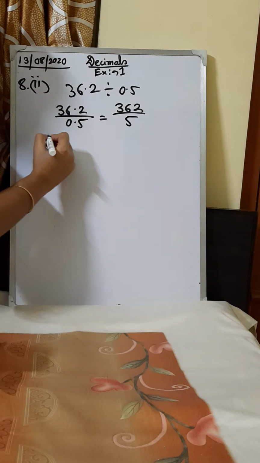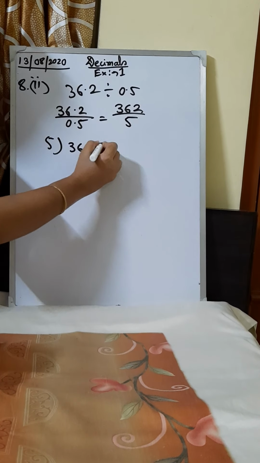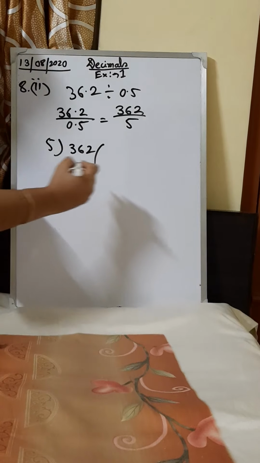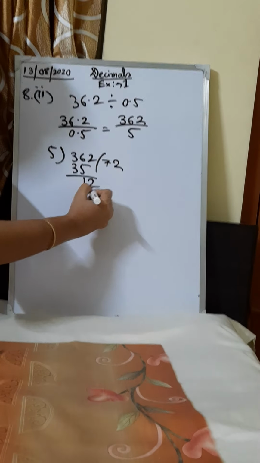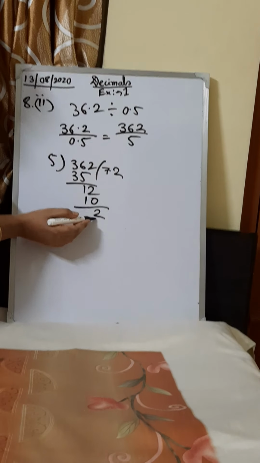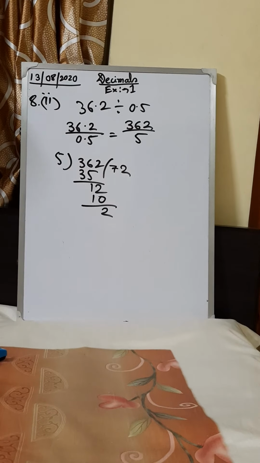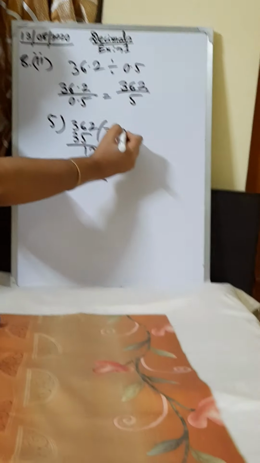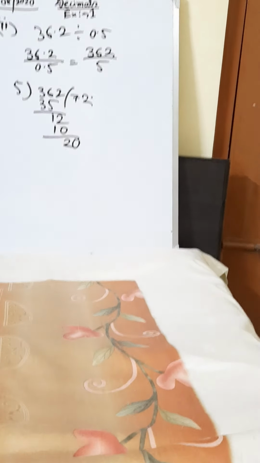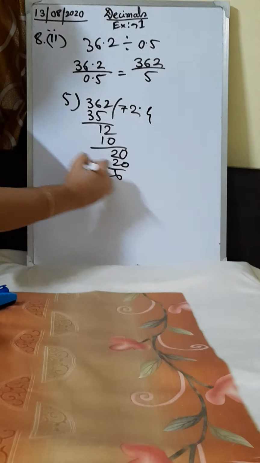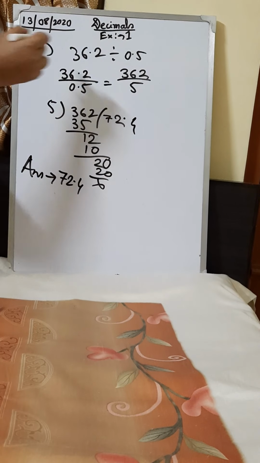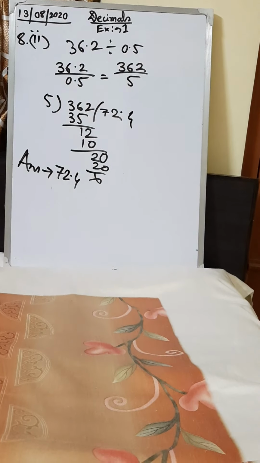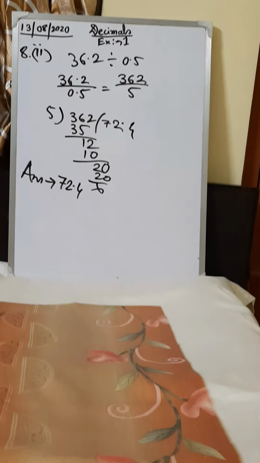Now you divide 362 by 5. 5 7s are 35, 1, 2, 5 2s are 10, 2. Now this remainder is less than the divisor, so we put a decimal point. After the decimal point we can put a 0. So 5 4s are 20. So the answer is what? 72.4. When you divide these two numbers you get the answer 72.4.